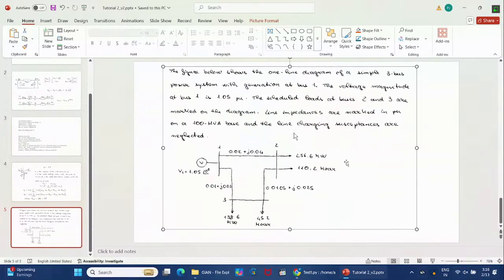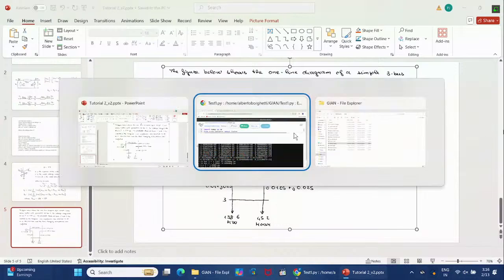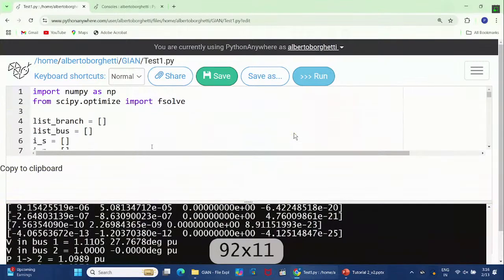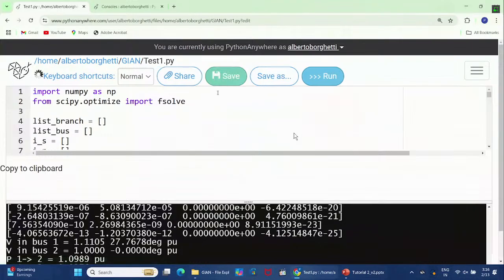So we can implement this. Here, I don't want to modify this file, because this file is so nice. It apparently is working, so I'm so happy. So I will just save. Here below we can also exit.